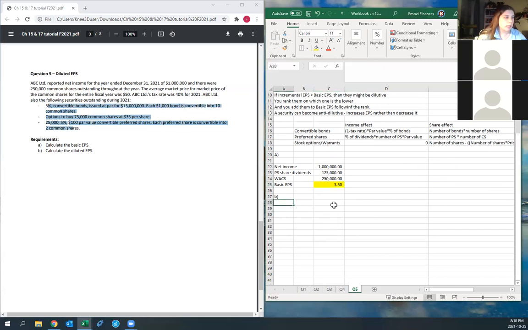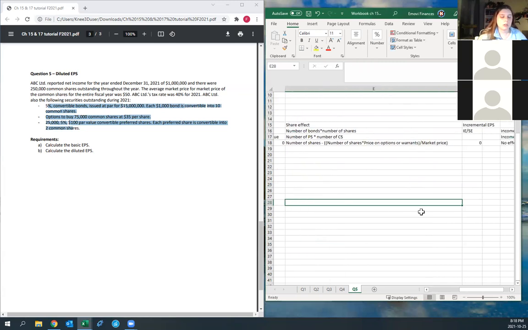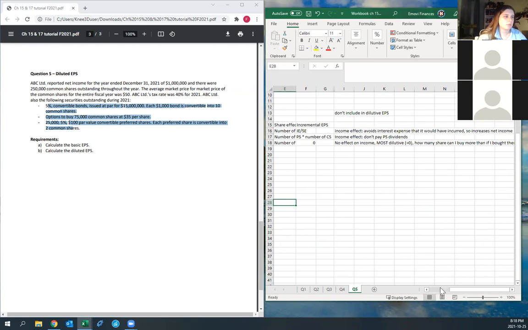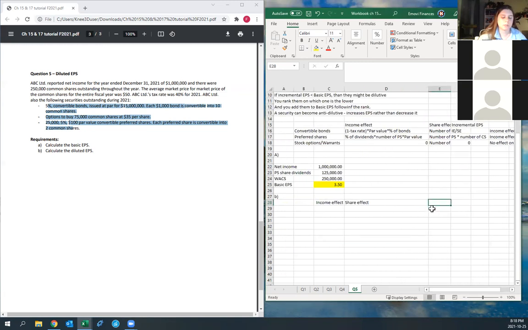So what I'm going to put here is the income effect, the share effect, the incremental EPS, and then the rank. The rank, you're going to find it last. So once you've calculated all your incremental EPS, you do this last.